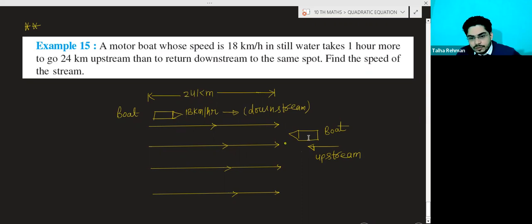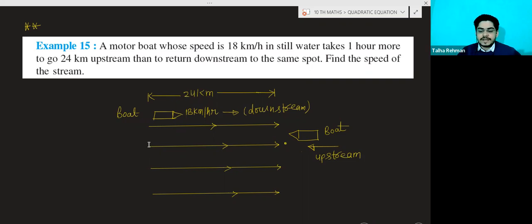So when this boat goes upstream, the time to cover the 24-kilometer distance, suppose the time is T1. T1 is the time for the upstream.